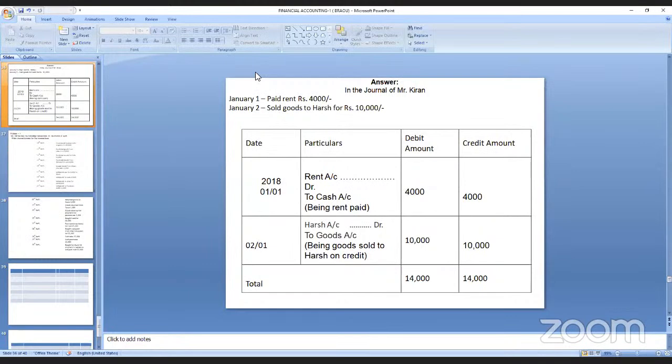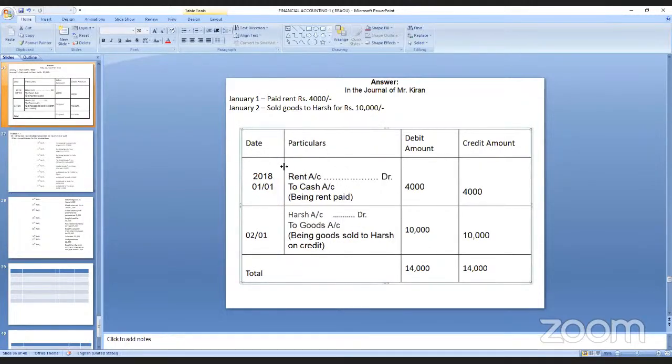If I am paying rent to my owner, here I will write: Rent account Dr. To Cash account. My cash is going out and I am paying the amount to the owner. Rent account Dr. To Cash account. Now it's clear? Being rent paid.